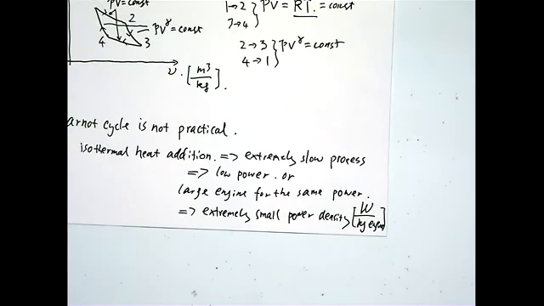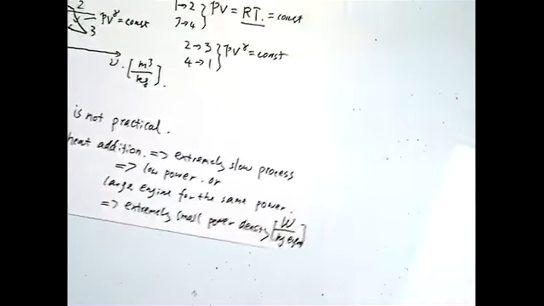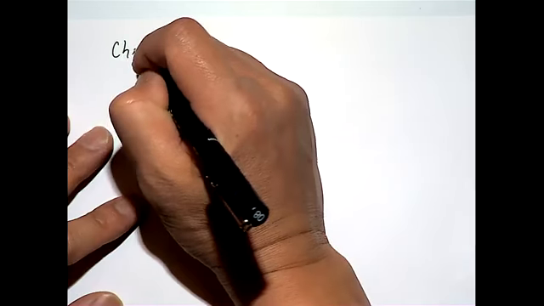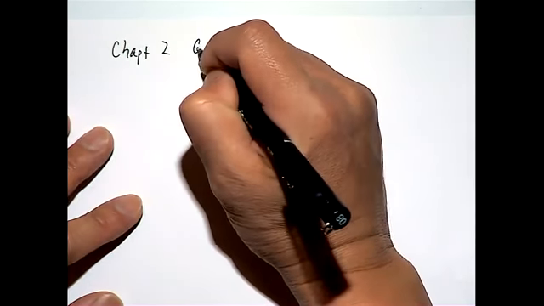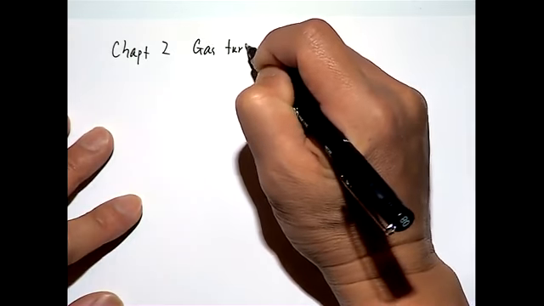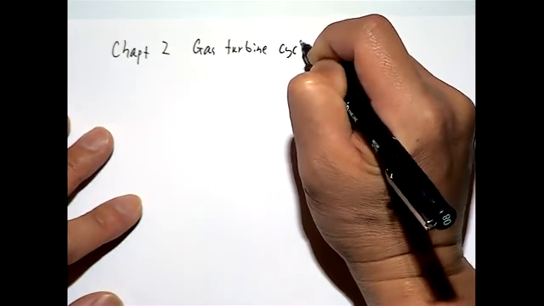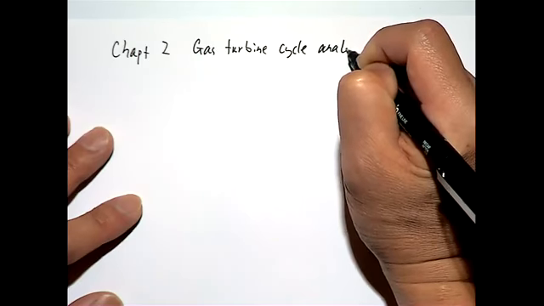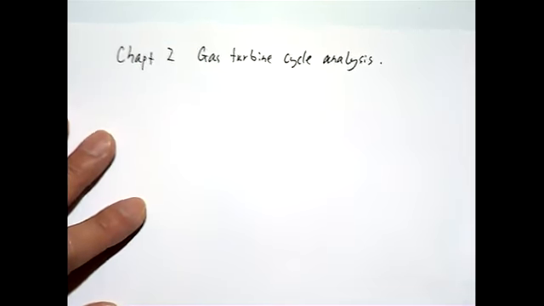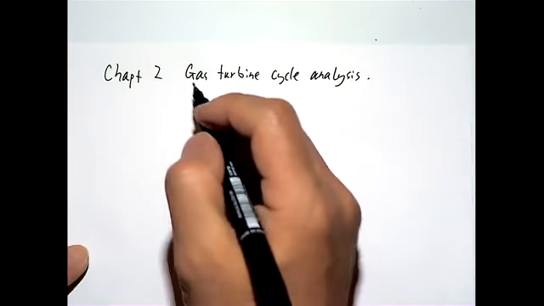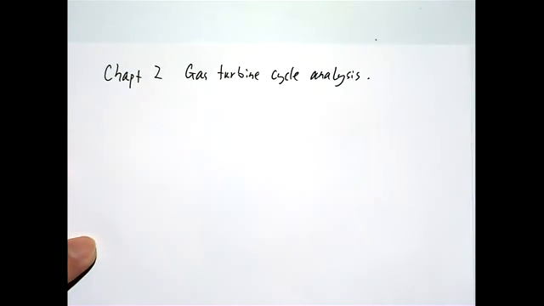We got 5 minutes. Let's get started quickly on chapter 2, which is the gas turbine engine. So gas turbine is one type of combustion engine.